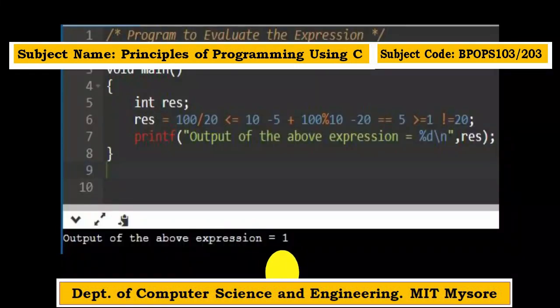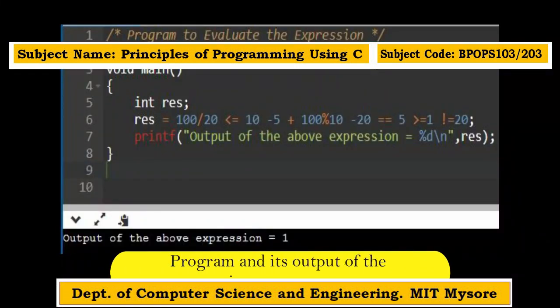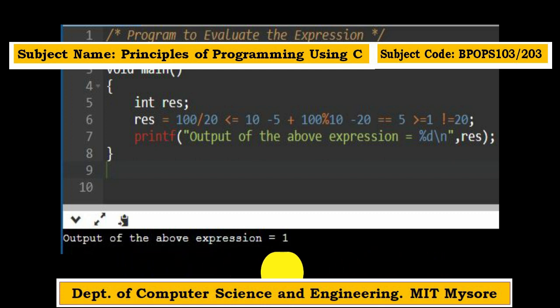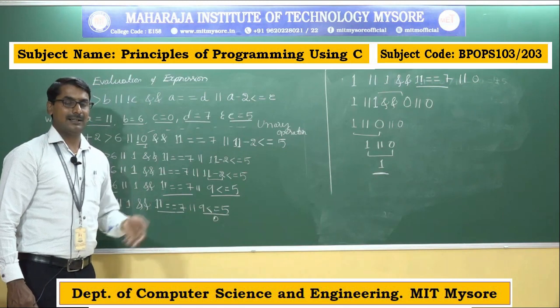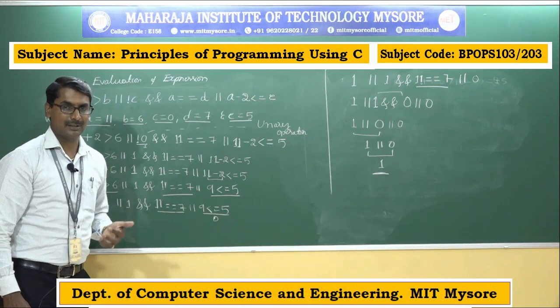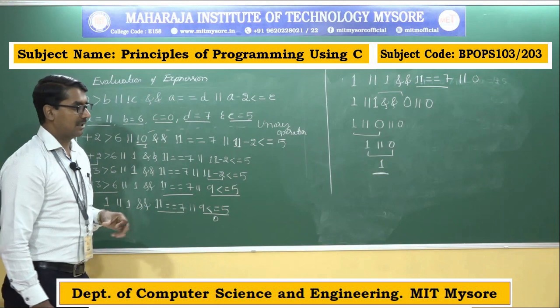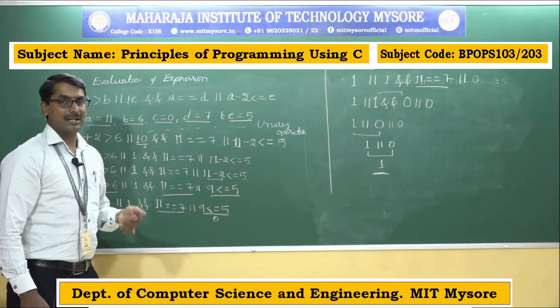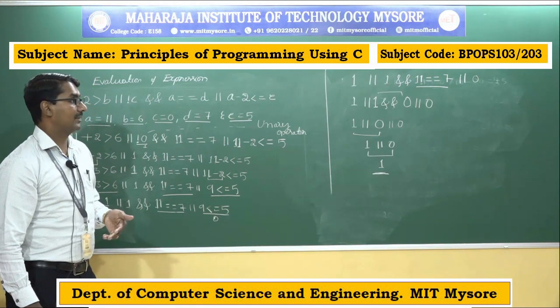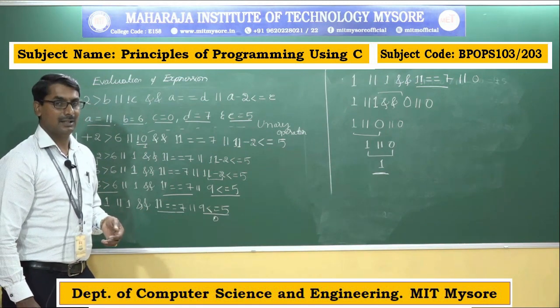So when the expression consists of arithmetic, logical, relational and unary operators, the first preference is for the unary operator, next for the arithmetic operator, next for the relation operator, and the last preference is for the logical operator.